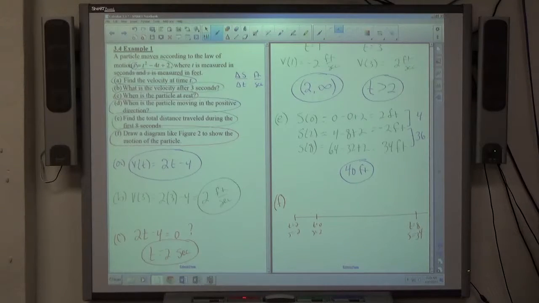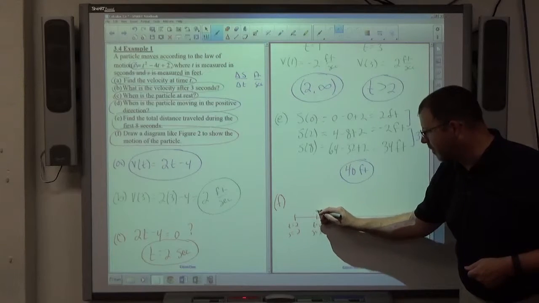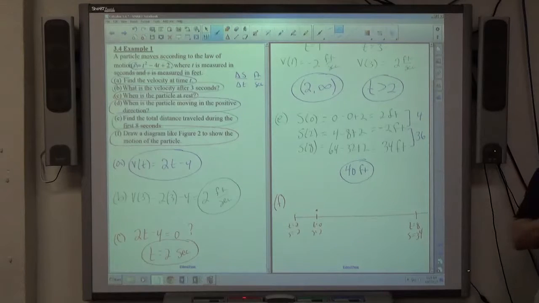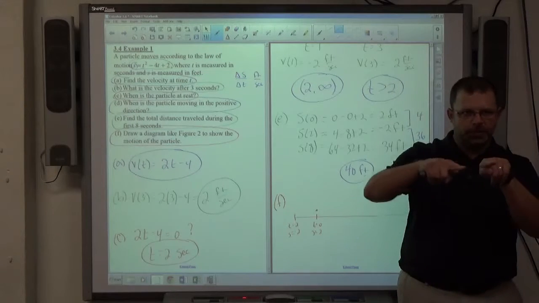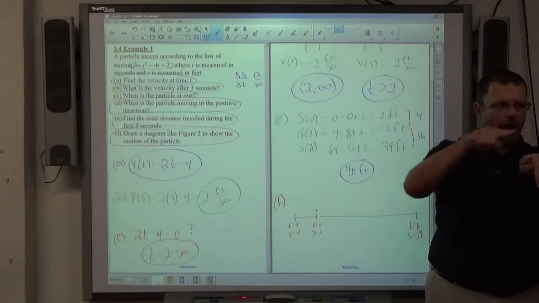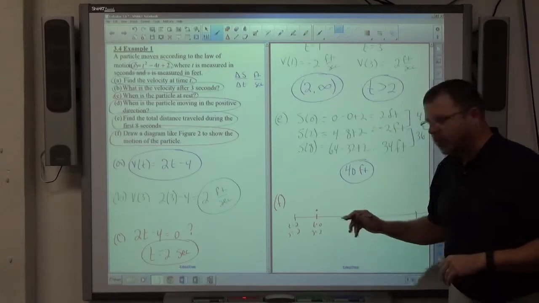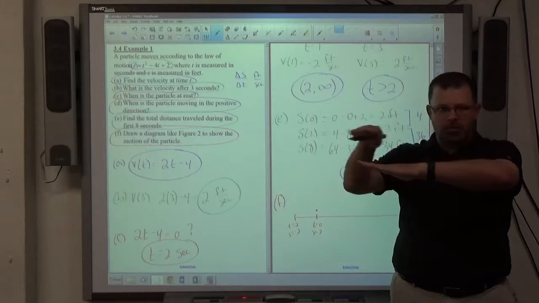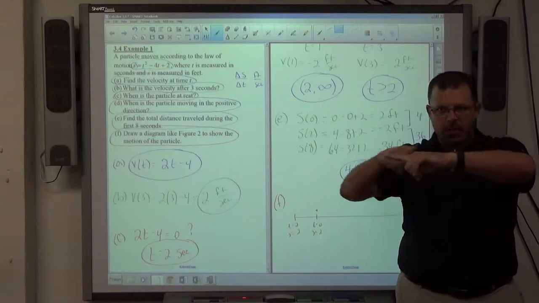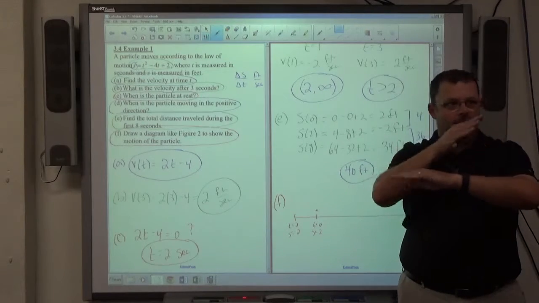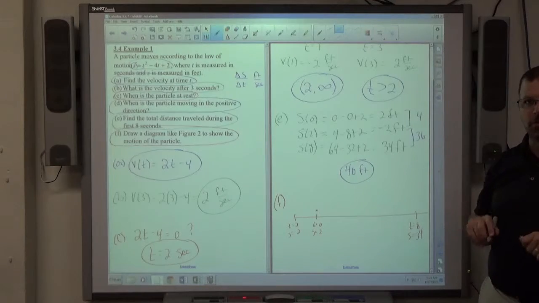Where's the particle start? At t equals 0. This is the starting point, right? And what I want to do is draw a diagram of the motion of this particle. I'm going to use vertical movement so I don't go right over top of it. I'm imagining this particle just on a line, moving back and forth, but we're going to make it go like that. So just kind of do Tyler's circle idea.